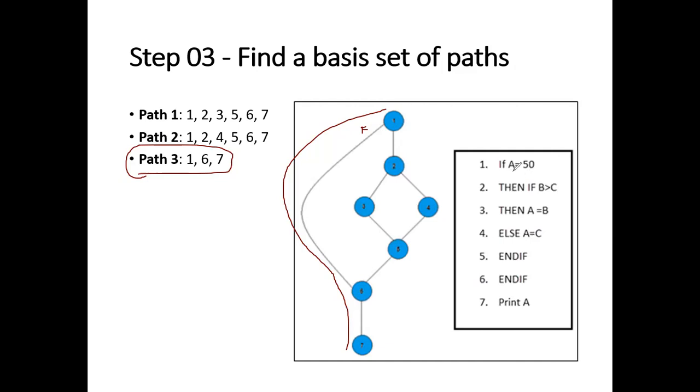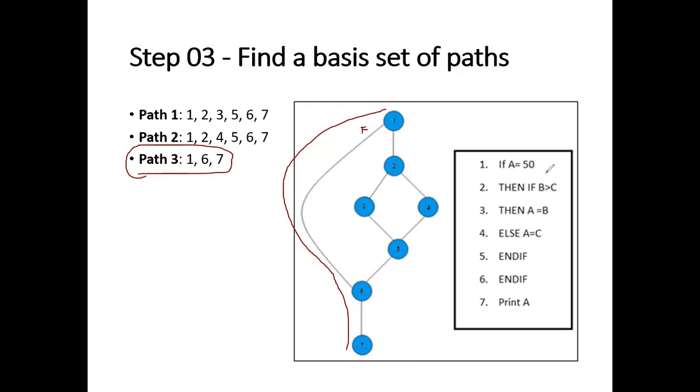So in order to create a test case or generate the output of your program by following this particular path, you have to input a value for A that should not be equal to 50.